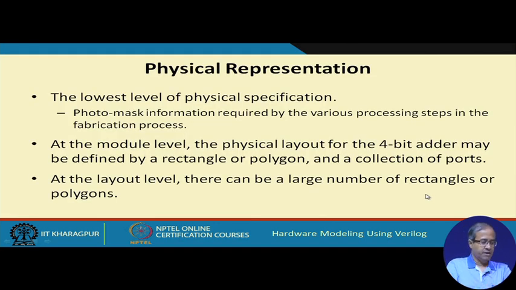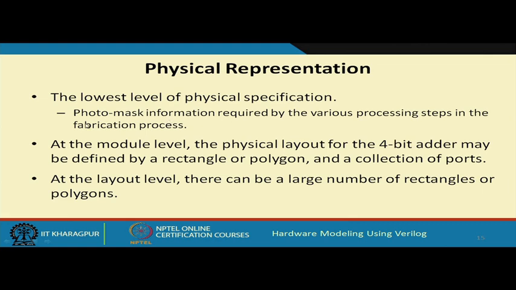Fine. Now, talking about the physical representation, which is the lowest level, as I said when you finally fabricate the chips, you define a large number of various polygonal shapes for the different layers of fabrication. These are the specification of so called photo masks that are required in the fabrication process.